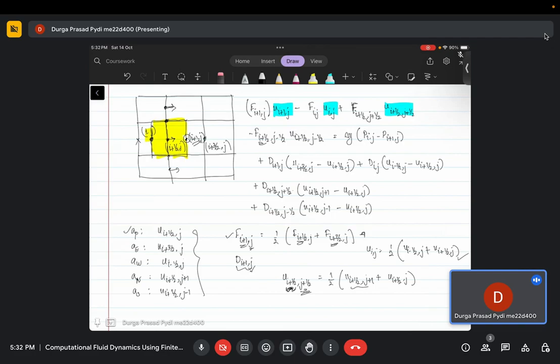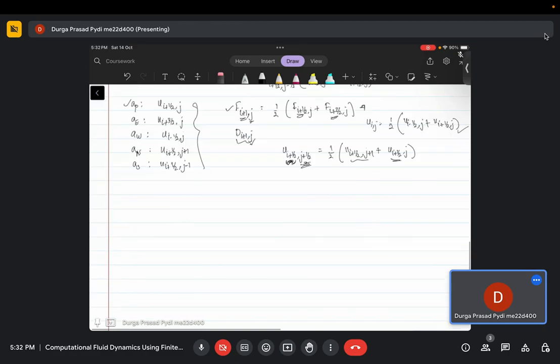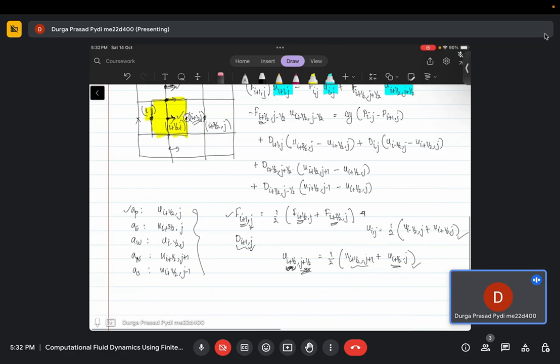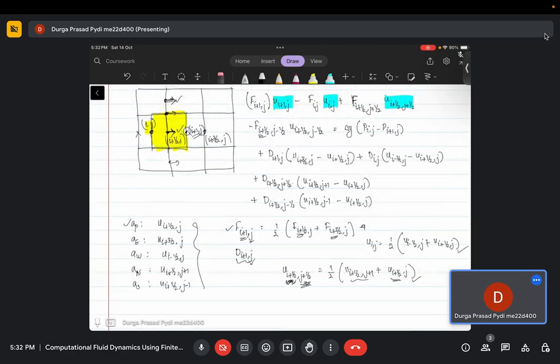Okay, sorry. U i plus half j is this component and this is this component. So to get a velocity here, you are taking an average of this and this. So whichever way you feel convenient, you can follow that. Similarly, you can get all other velocities, and once you know all the diffusion coefficients, then you solve for these equations.